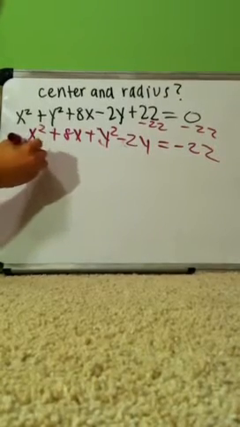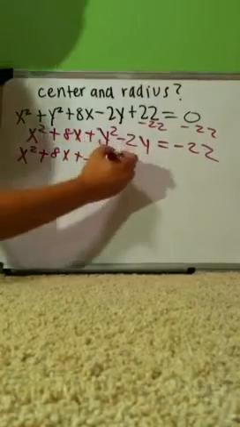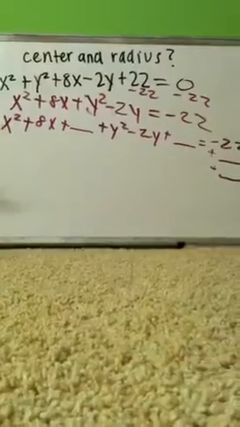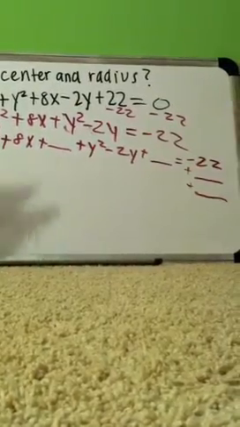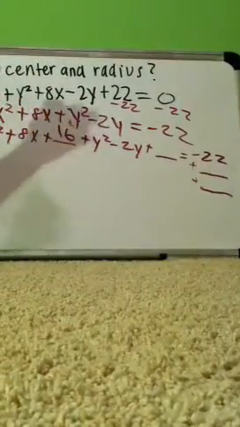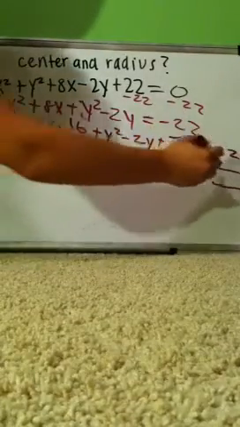x squared. Okay, so now we can complete the square. We get 16 here, and -1.